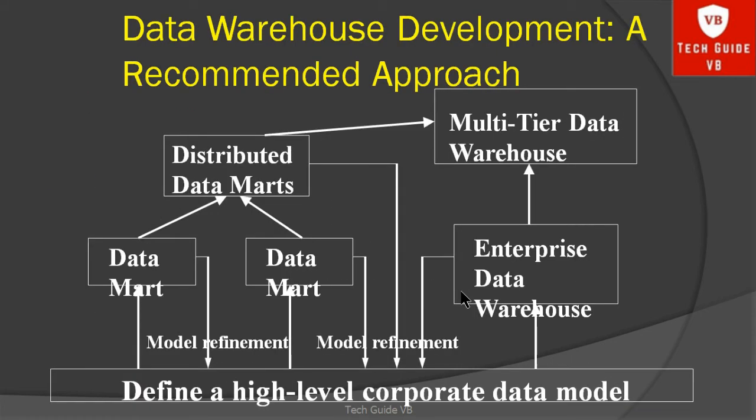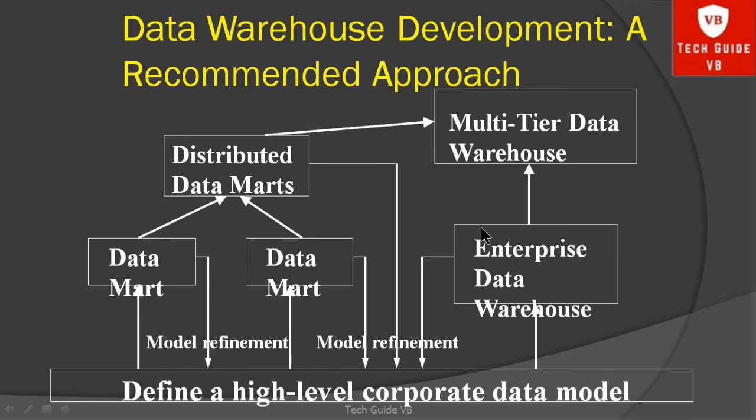Then the next is the data warehouse development recommended approach. So how the approach should be and how we can develop the data warehouse. We can say that it is the combination of different warehouse models. Here there are distributed data marts, which has different data marts present like marketing, sales, likewise.